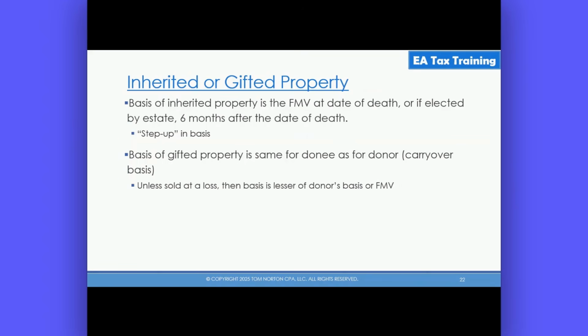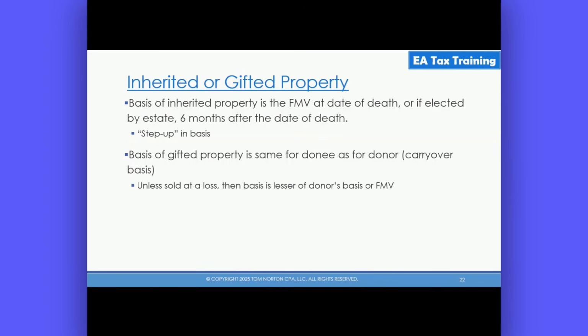Inherited or gifted property. So the basis of inherited property is the fair market value of that property at death, or if elected by the estate, 6 months after the date of death. So normally, the basis of inherited property is the fair market value at the date of death, but the executor of the estate can make this election that says instead of using the date of death, we're going to use a date that is 6 months after the date of death.